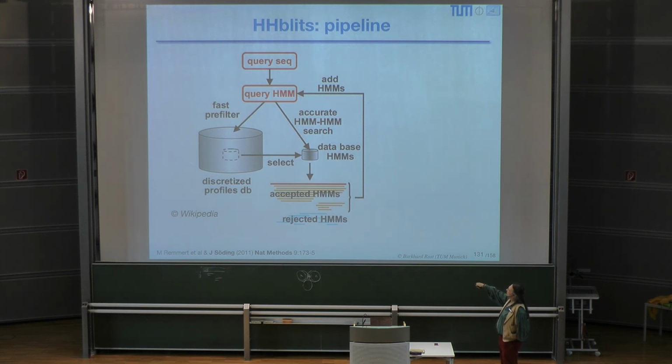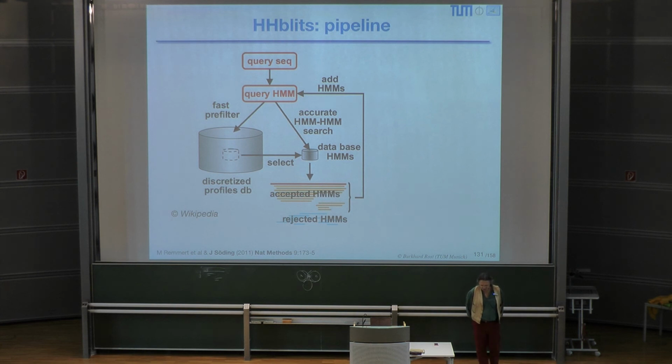Fast pre-filter means you cut down your database from 55 million to 2 or 3 million. For these 3 million, you do all against all. And this in fact is done with a very similar idea to the one that I presented to you. So now we essentially do something like a consensus to profile alignment with an HMM. That speeds it up tremendously.